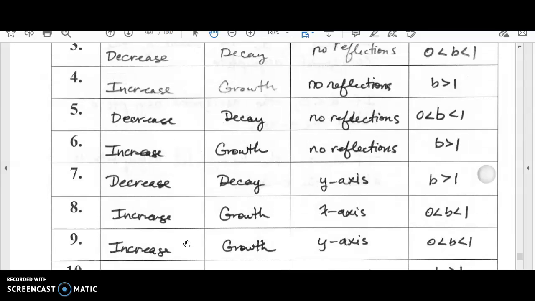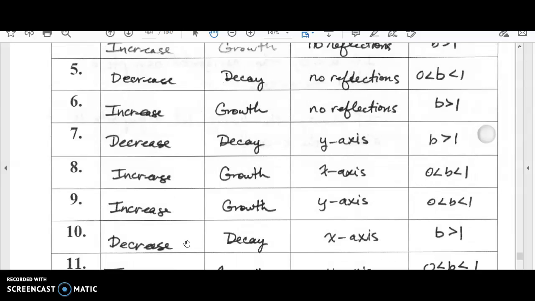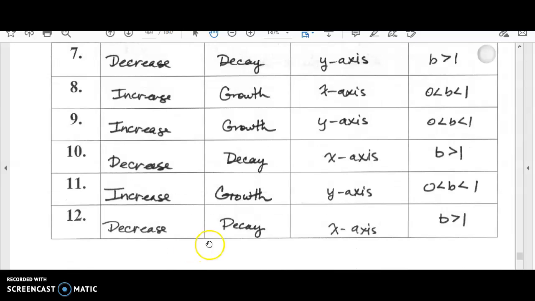Hit pause if you're still writing anything. And then here's the rest of them. And the reason why I care about how many reflections is, well, what would happen if we had an x and a y-axis reflection? Do you think something would happen? Go ahead and hit pause if you still need to write anything down.